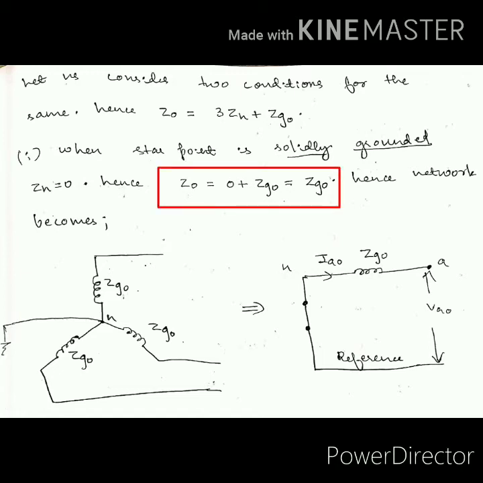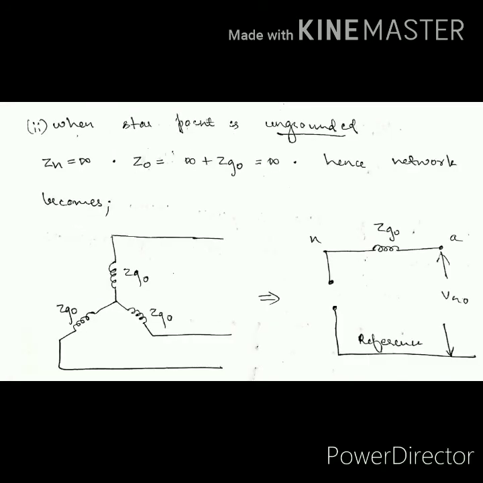So if you see the right hand side single phase circuit, you don't have Zn there, you are shorting it. And the second condition is when the star point is ungrounded. When it is ungrounded, your neutral impedance becomes infinity. Zn is infinity. That's why we have opened it there.